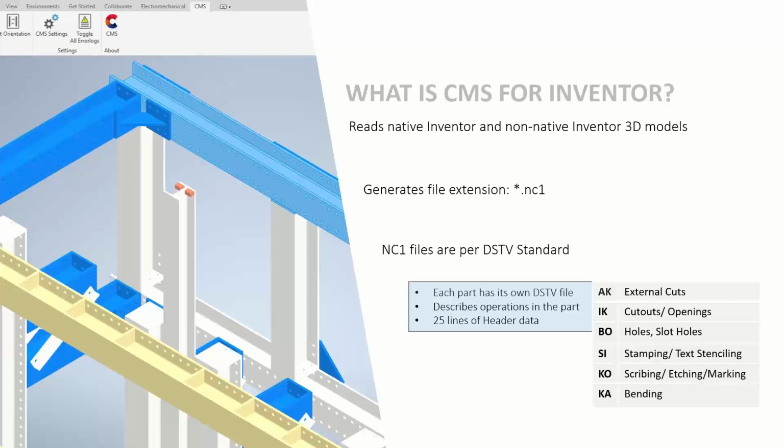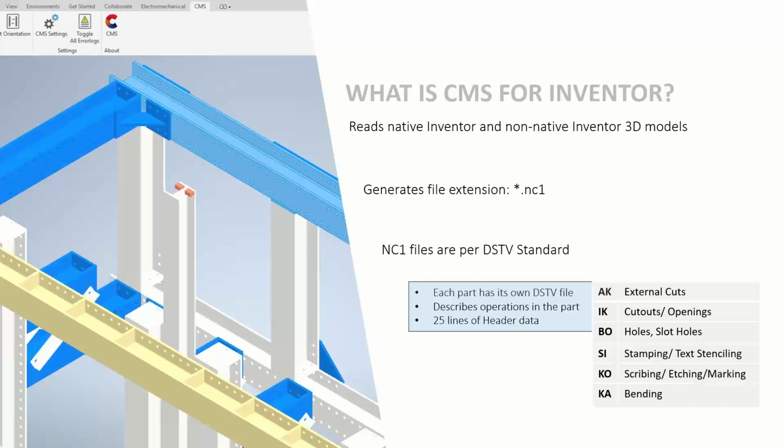It's not a big difference when it comes to your CNC machines. As long as your machine can read a DSTV standard file, the machine will not have any issues whatsoever with our NC1 files, right? We strictly follow that DSTV standard in our NC1 files.